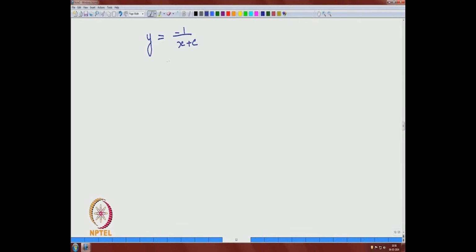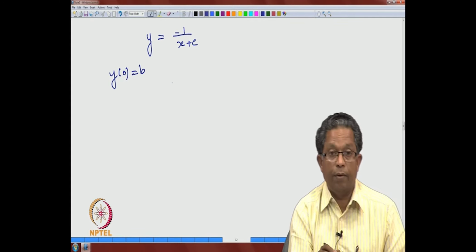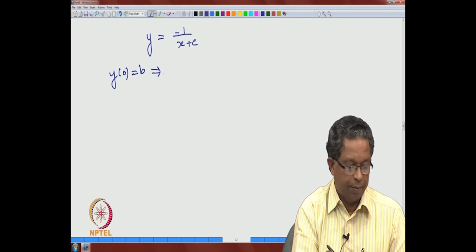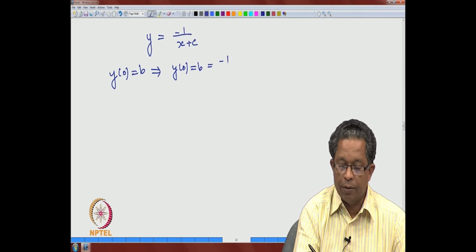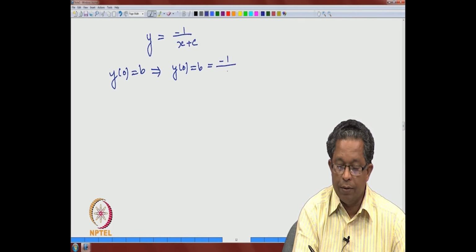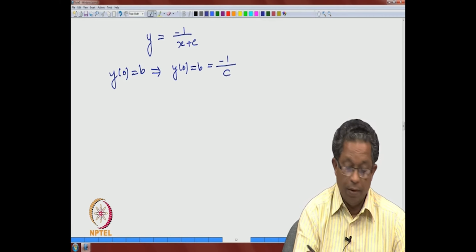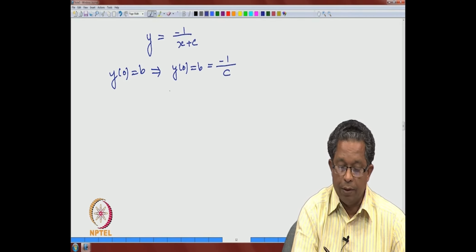So, the solution is y is equal to minus 1 by x plus c. Now, the initial condition y at 0 is b. So, this implies that y at 0 is equal to b, which is equal to minus 1 by c. So, this implies that c is equal to minus 1 by b.